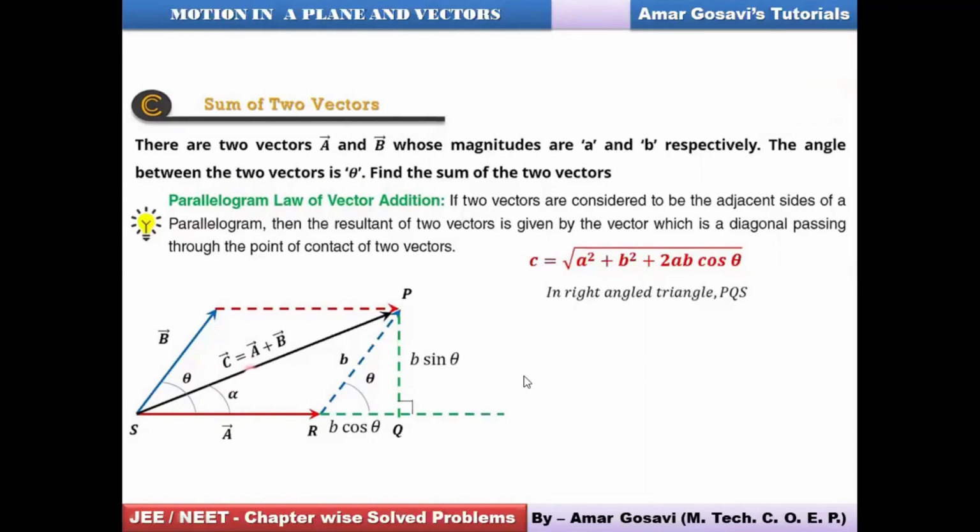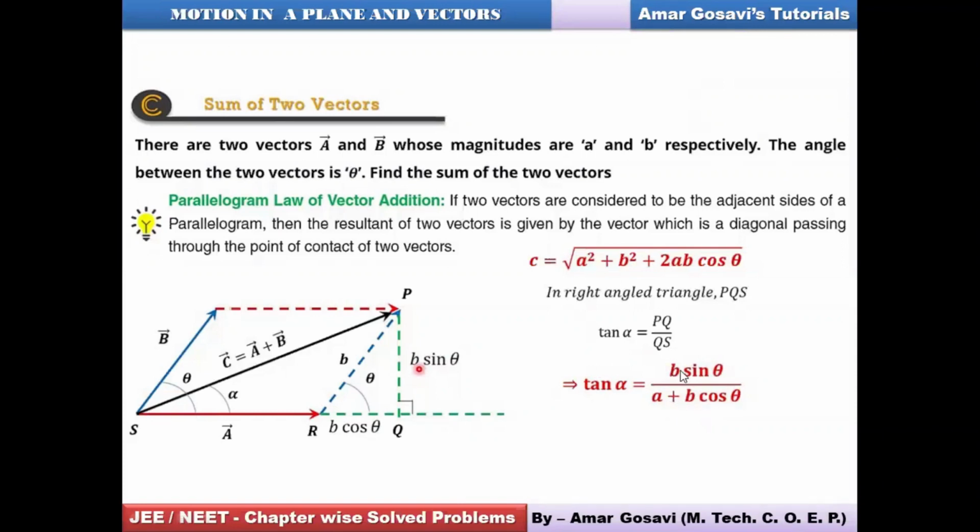So let's say tan alpha in this case, if I'm talking about tan alpha of this triangle, will be the opposite side, that is b sine theta, upon the adjacent side, that will be a plus b cos theta, isn't it? So tan alpha will be PQ upon QS. PQ you all know, as I said earlier, is b sine theta, and QS is a plus b cos theta.